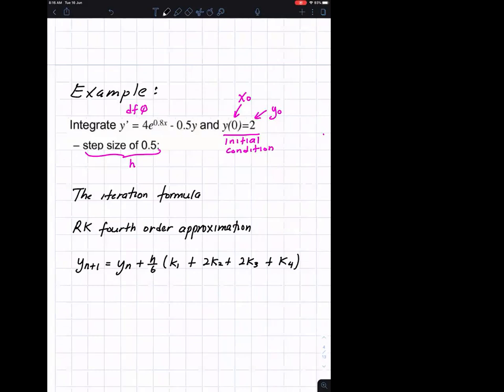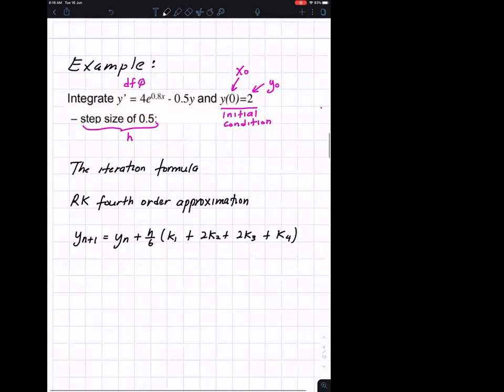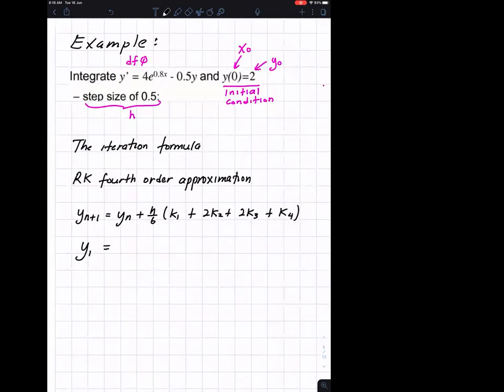Let's say I have to solve the first iteration, so I put y1. Y1 is the first iteration. It's going to be equal to y naught, the given point, plus h over 6 times k1 plus 2k2 plus 2k3 plus k4.